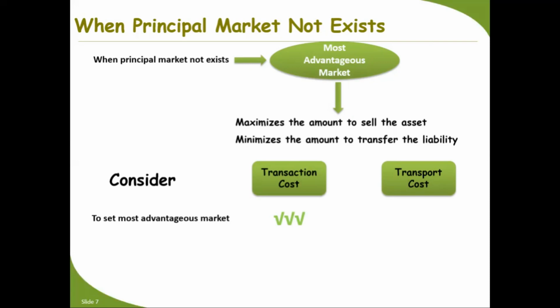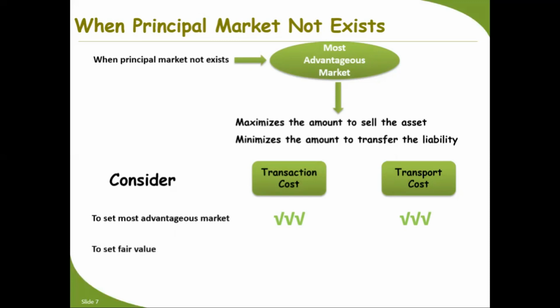You will subtract from your price your transaction cost as well as transport cost, because there is a possibility that your most advantageous market is physically located far from you. So you are supposed to bear some transport and transaction cost to get access to that particular market.